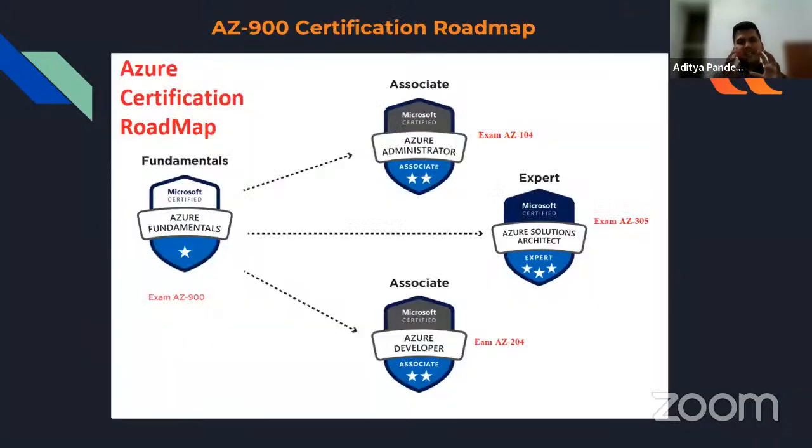Now the agenda is why you should go for AZ-900 first. See, Microsoft already provides a lot of certification examinations, right? It has fundamental examinations, associate level certifications, and expert level certifications. But why should you go for AZ-900 first? See, when you prepare for associate or expert level first, you will have difficulty understanding the concepts.